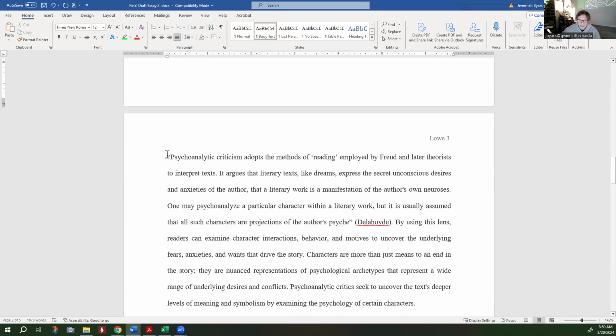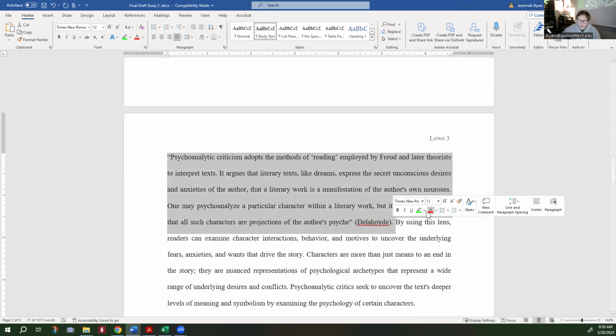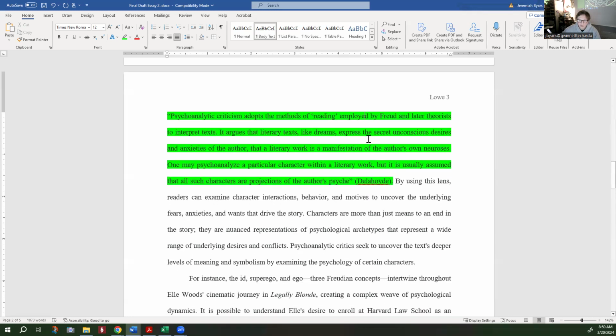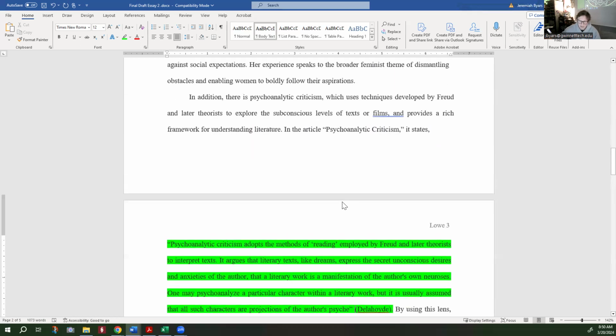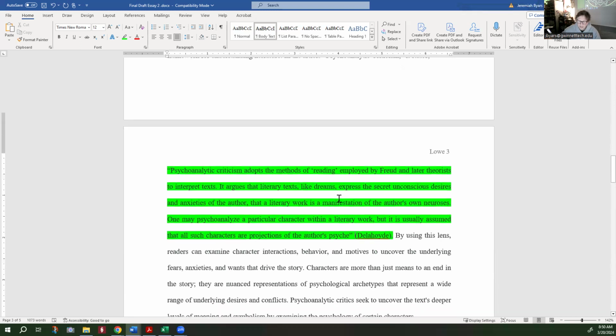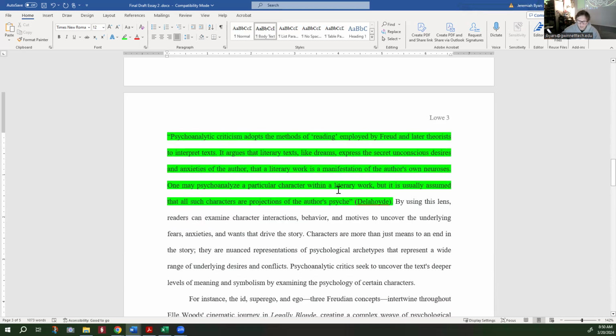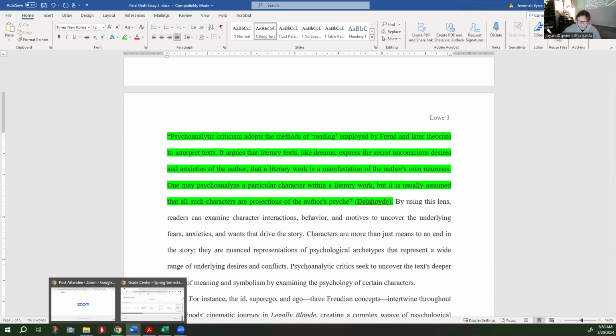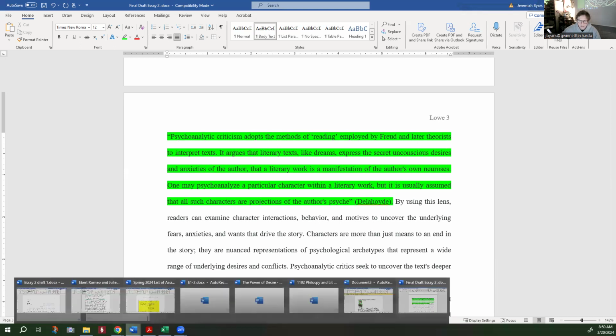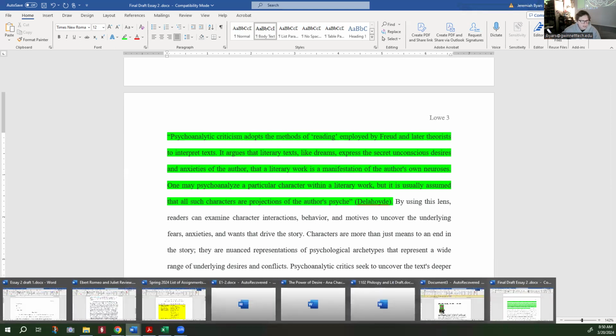Again, look, this quote is too long. That's too long. 1, 2, 3, 4, 5. That's way too long. That needs to be chopped up. You can't write that long of a quote. I demonstrated how to chop up quotes in one of my lectures from a couple of weeks ago.